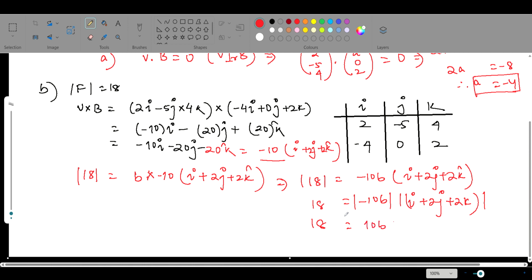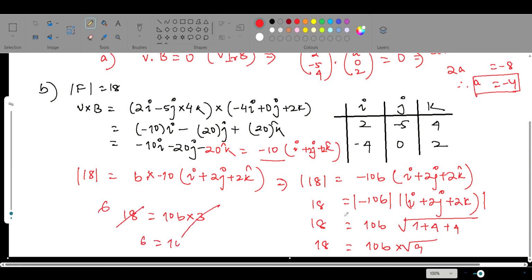So 18 is equal to mod of minus 10b, which is just 10b, and this is root under 1 plus 4 plus 4, which is 9. So 18 is equal to 10b times 3, and 3 times 6 is 18. So 6 is equal to 10b. Therefore, my b is 6 by 10, which is 0.6.